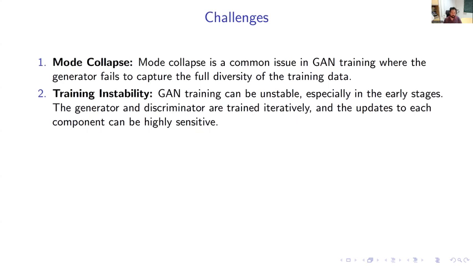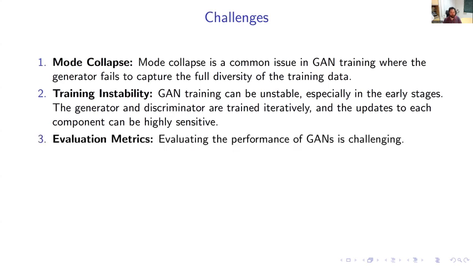There is also an issue of training instability. GAN training can be really unstable, especially in the beginning. It essentially boils down to min-max problems, and those are usually very unstable. As I said, evaluation metric can also be an issue.